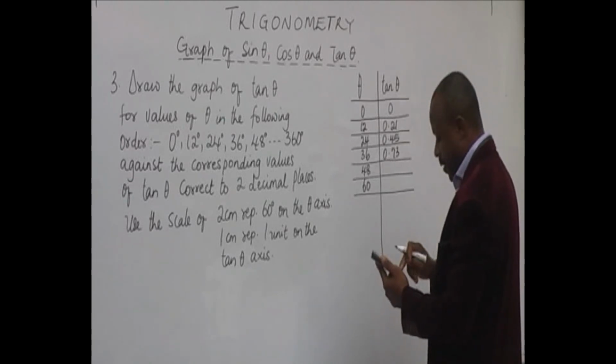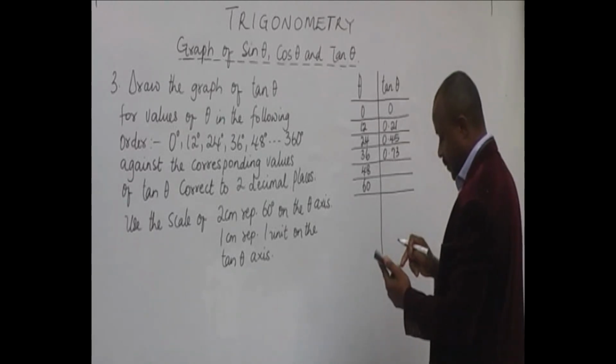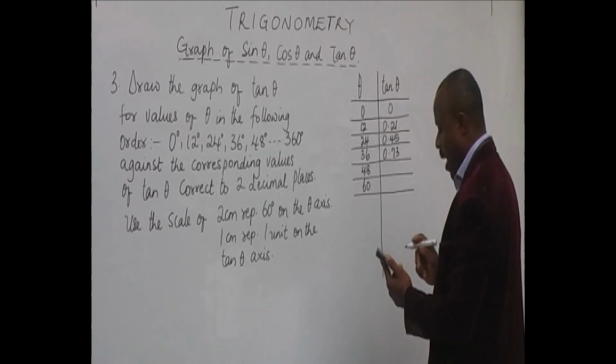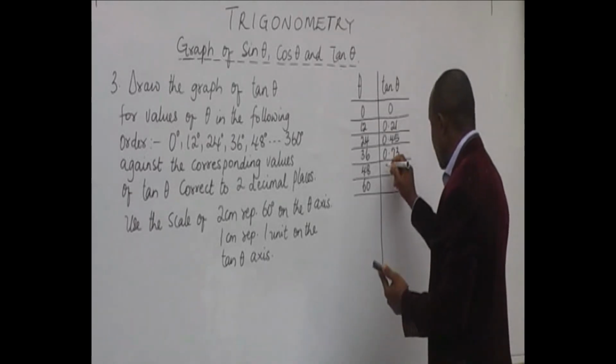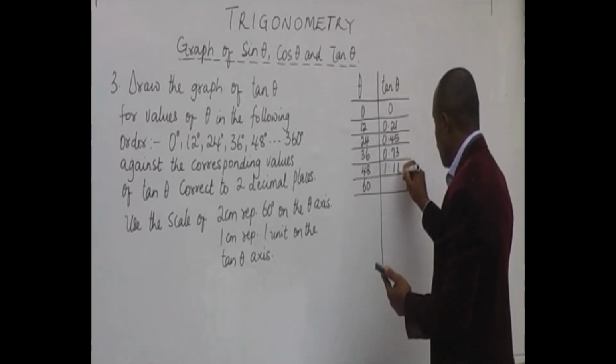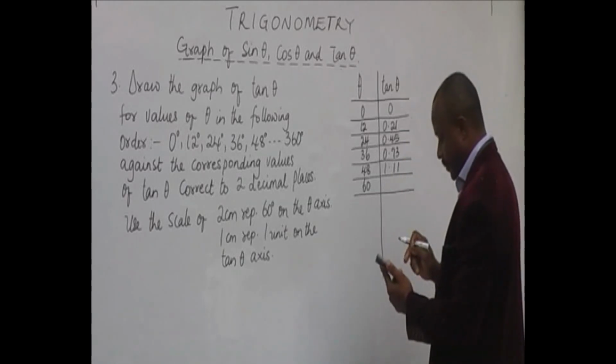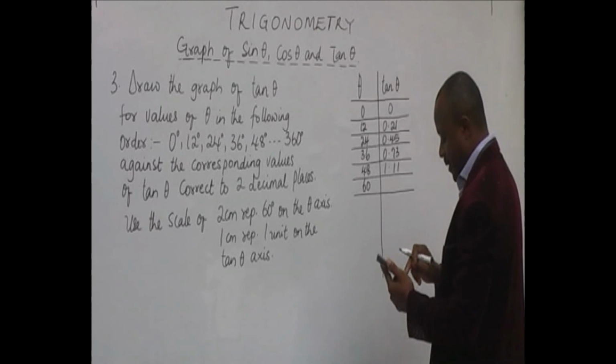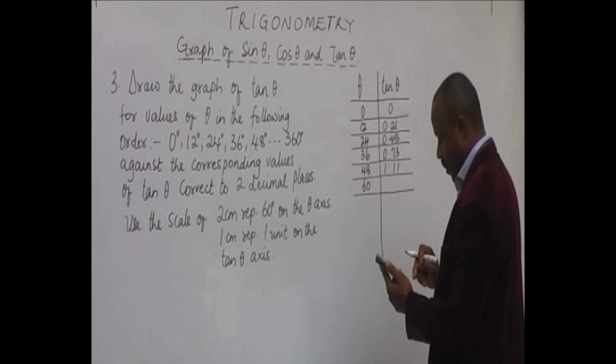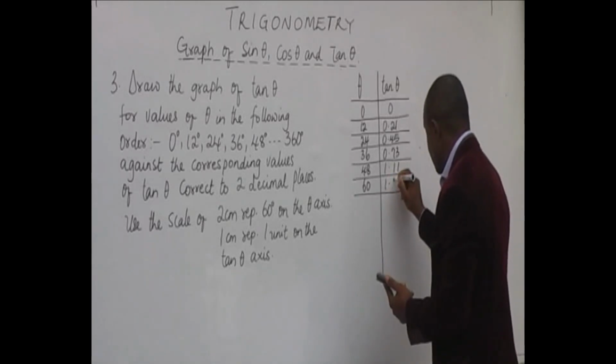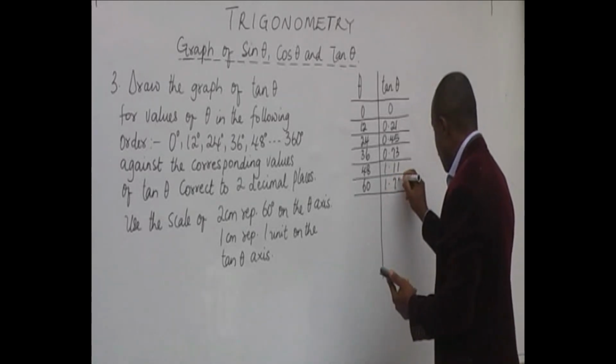Tan of 48 is giving us 1.110. In 2 decimal places, 1.11. Tan of 60, 1.732. In 2 decimal places, 1.73.